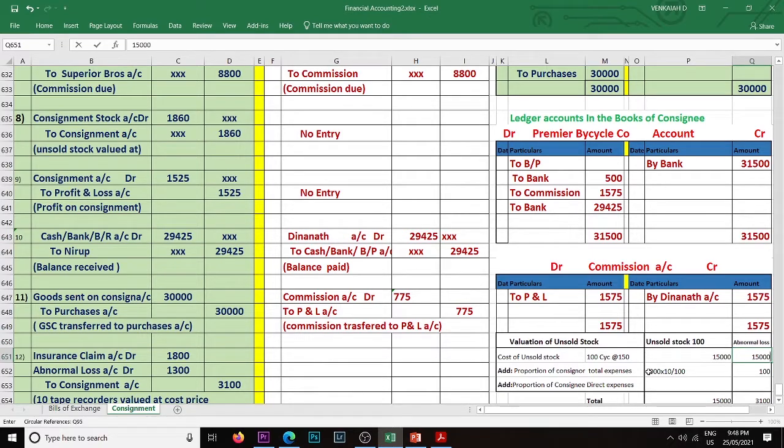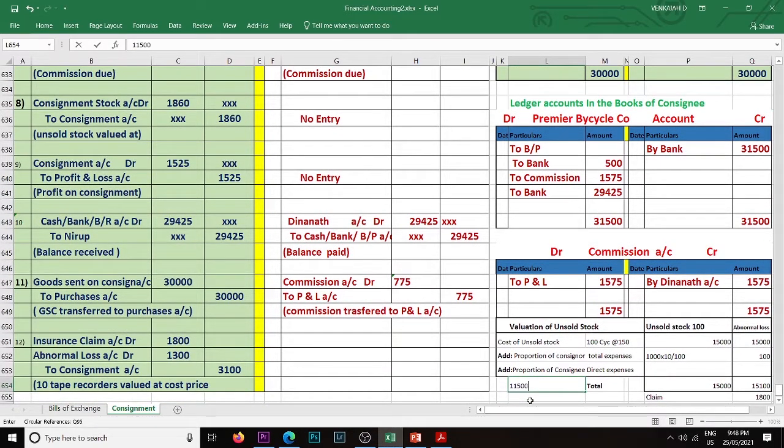Consignor expenses 11,500 into 100 divided by 1,000. So 1150. Right. Consignee expenses will be for unsold stock and abnormal loss, how much? 16150.